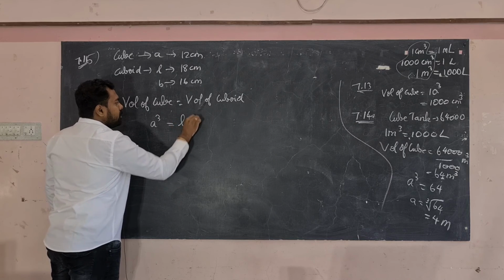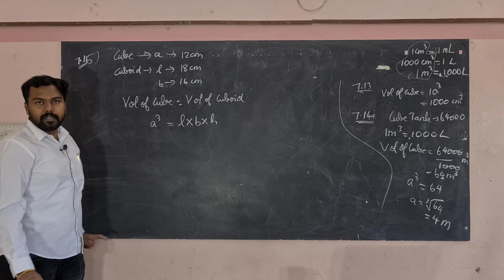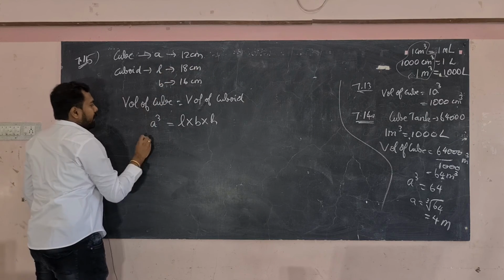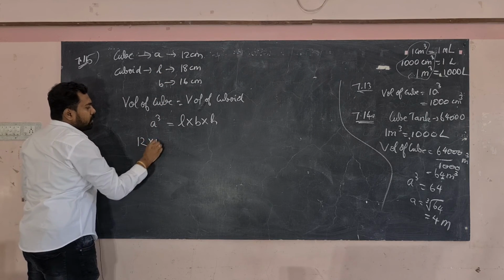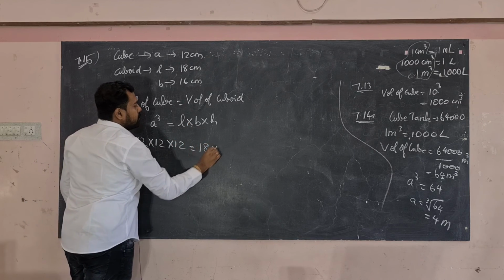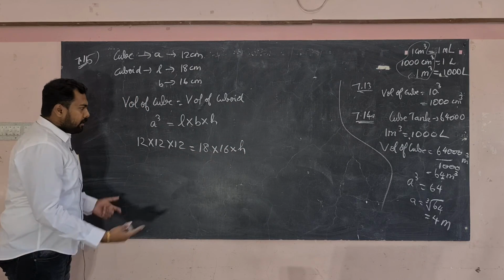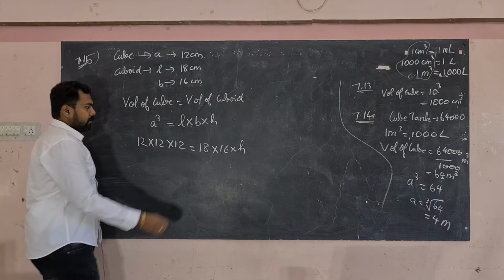It is length into breadth into height. You can therefore substitute and find the value. What is a? It is 12, so 12 into 12 into 12 equal to 18 into 16 into height. Length into breadth into height. Now you can cancel and find the answer.